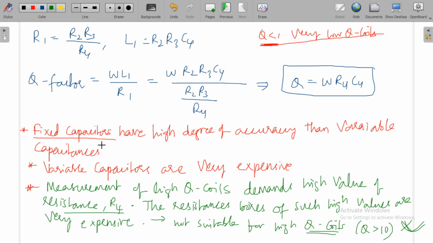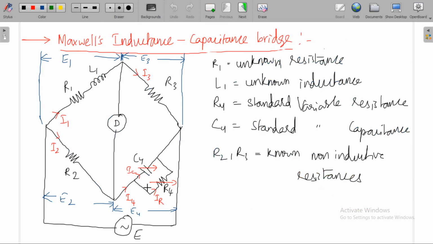Actually, we have to use variable capacitors here. If I use a fixed capacitor C4, if I don't use variable capacitors, then we have to vary R2. In order to obtain the balance condition, we have to vary R2 and R4.